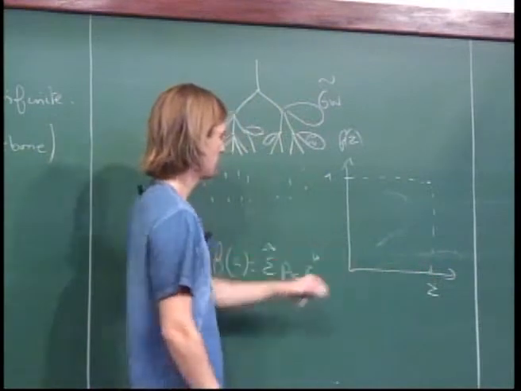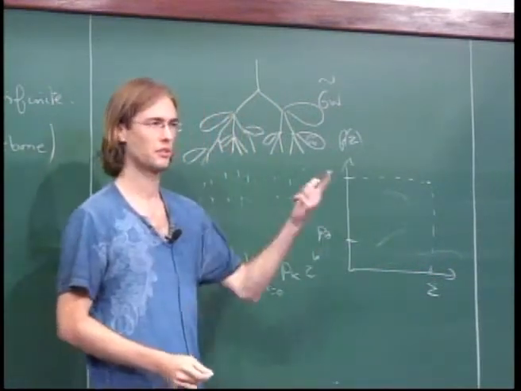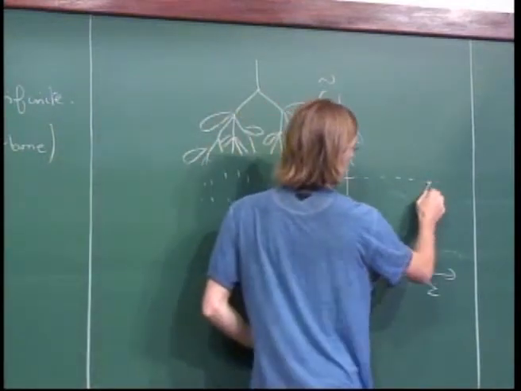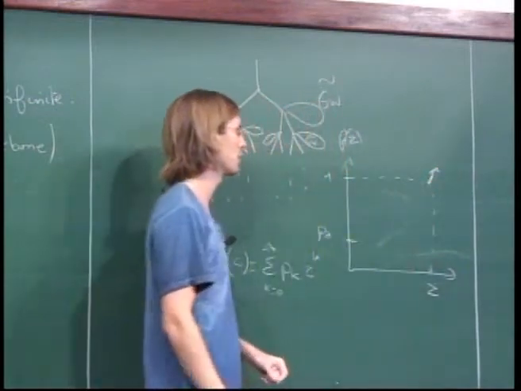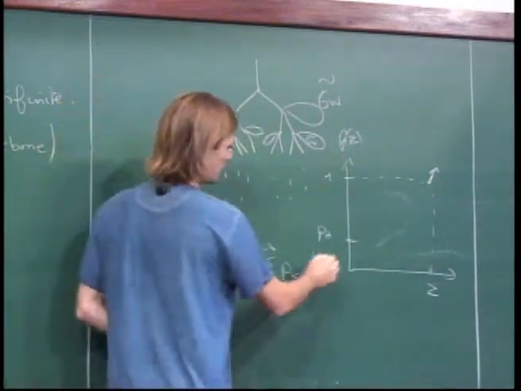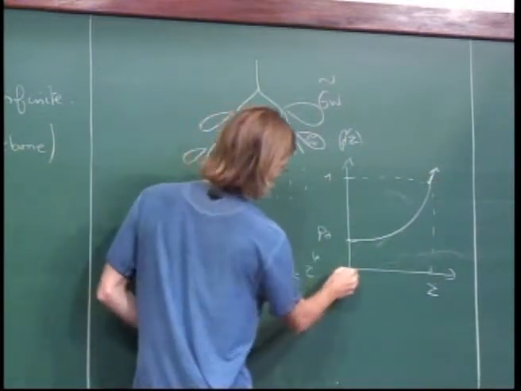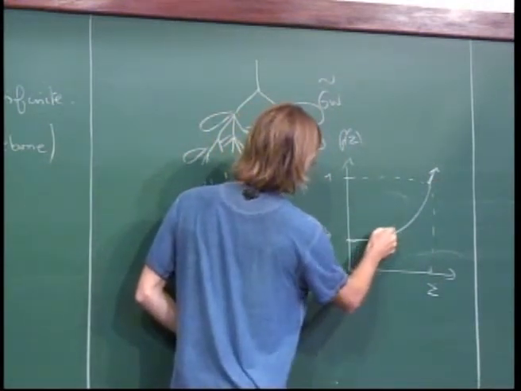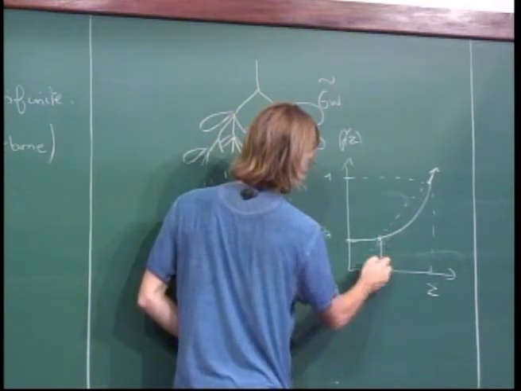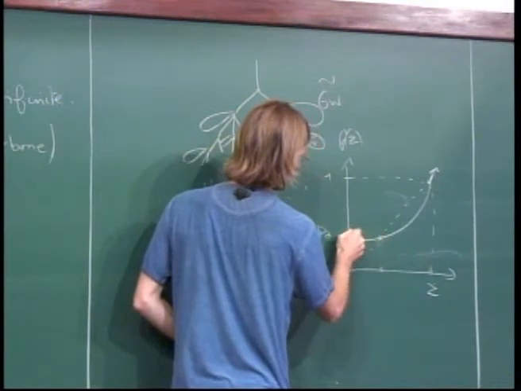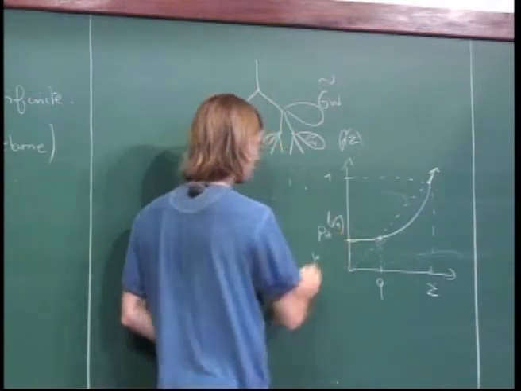You know that at 0 it is p0, which is positive, and you know the tree is supercritical, so the slope at 1 is bigger than 1. Also, it's a convex function, so it looks something like this. And we know that this is the probability of extinction, q, f of q, which is a fixed point.